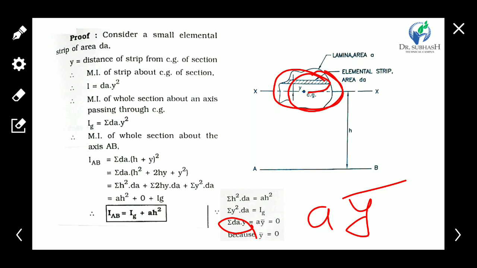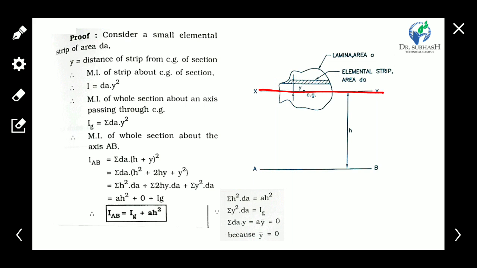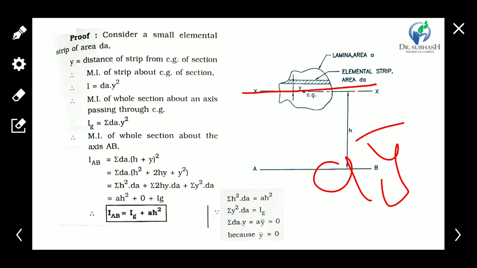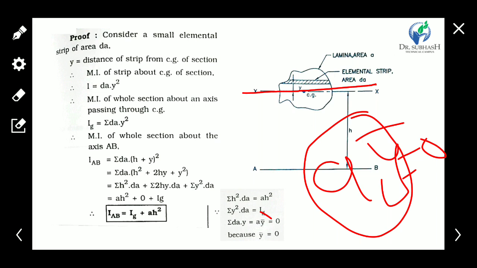Here for that area, y bar is 0, because we find the moment of inertia about the center of gravity, and A into y bar is 0. So y bar is 0, so the multiplication is also 0, so A y bar is equal to 0.